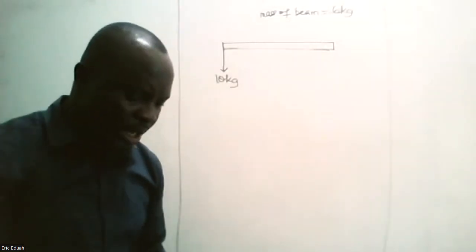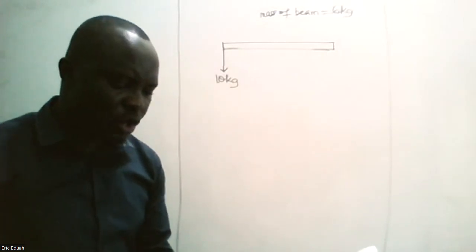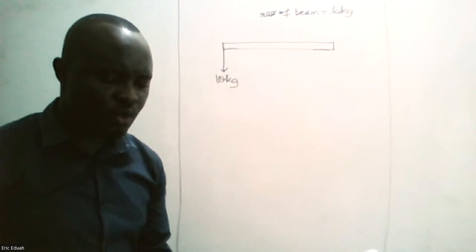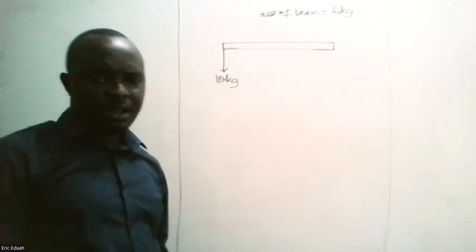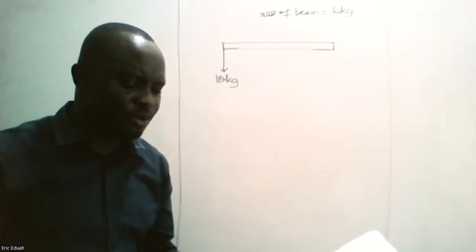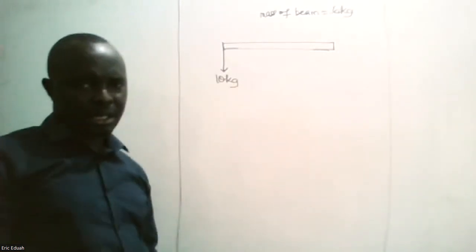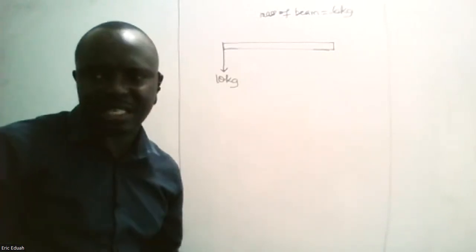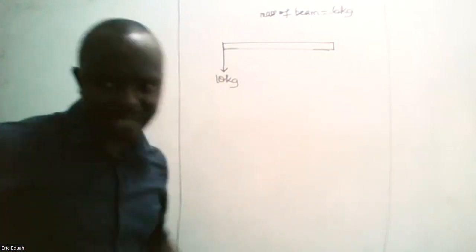Now let's continue. Find where a support has to be placed for the beam to rest horizontally. So we are looking for where the beam has to be pivoted for it to balance.